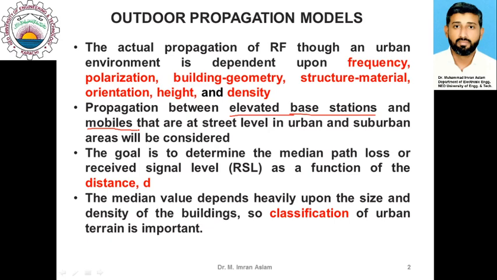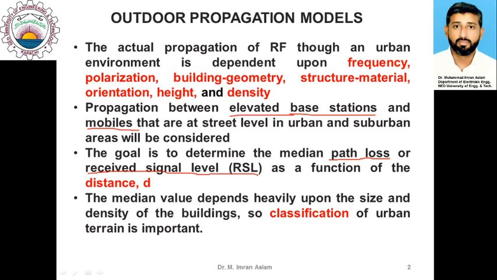For large scale path loss modeling, we know that our main objective is to find the path loss, or in other words, we are interested in calculating the received signal level, and we know that this received signal level is dependent on the propagation length.